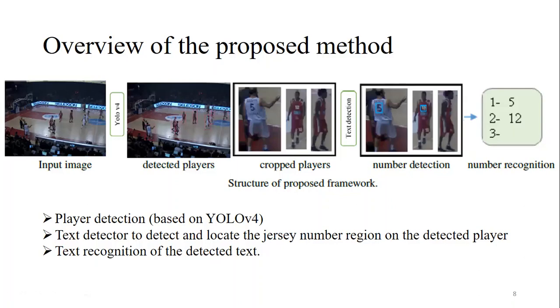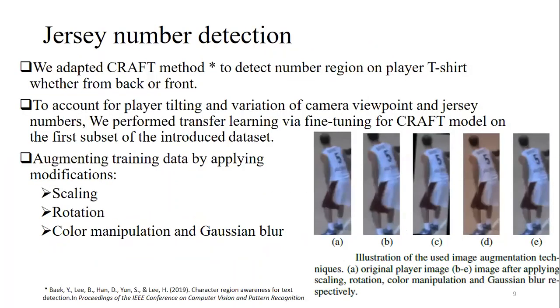Then the text detector is used to locate jersey number regions on each player in the second step. Finally, the detected candidate regions are recognized using a text recognition model. We treated jersey number recognition as a text recognition problem. So we provide more details about jersey number detection and recognition.